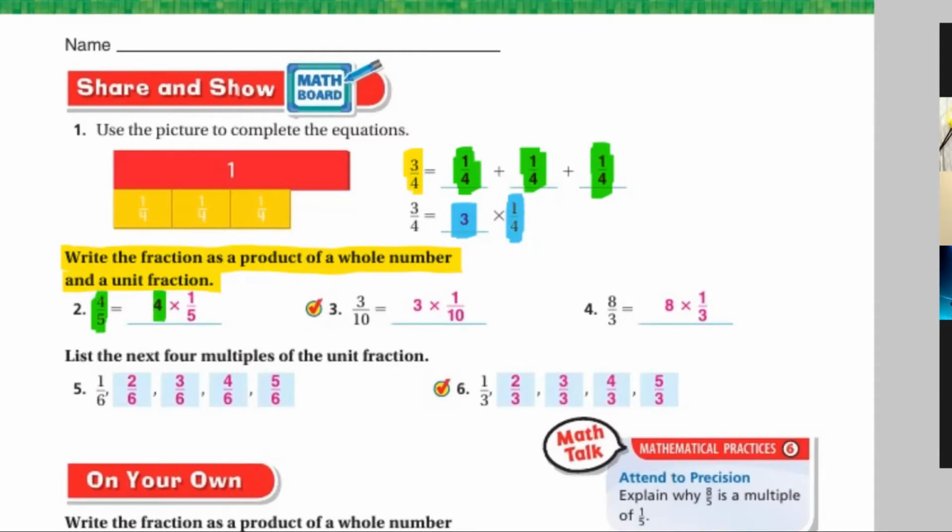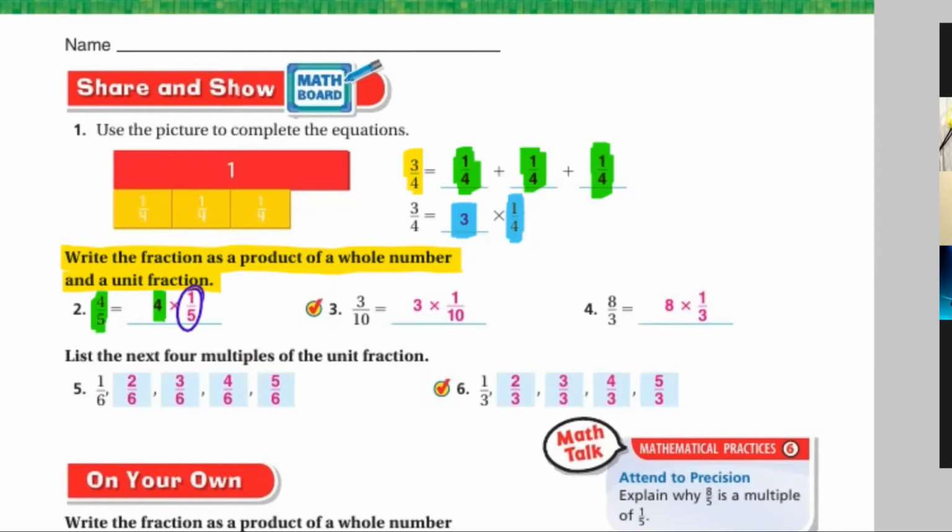The unit fraction. We have 5 in the denominator, so it will be 1 over 5. So it becomes 4 multiplied by 1 over 5. It's very simple, right? Thank you so much, Faris.